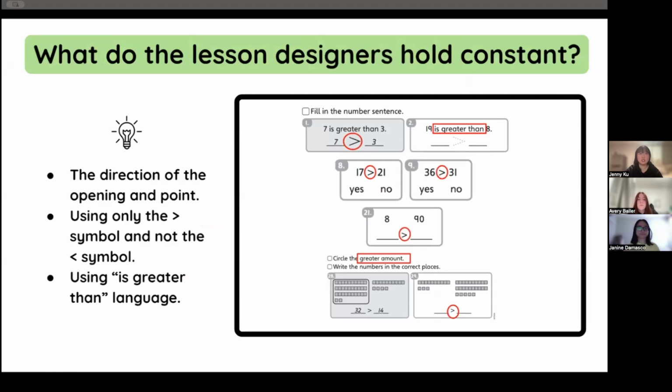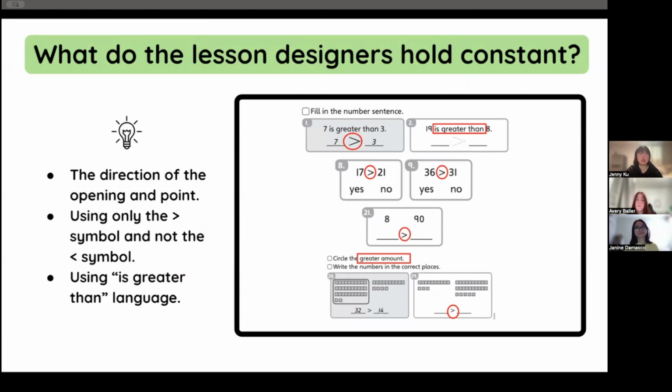So, what do the lesson designers hold constant? As we highlighted in the picture, the lesson designer only used the greater than sign and didn't introduce the less than sign, which helps to keep the task simple and focused. This ensures that the direction of the opening and the point stay the same.